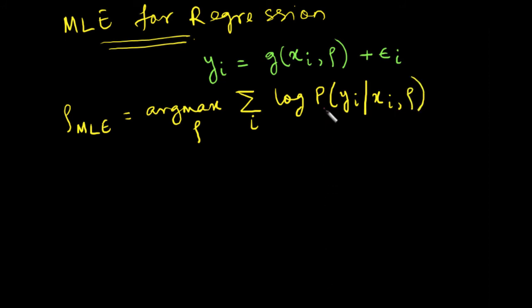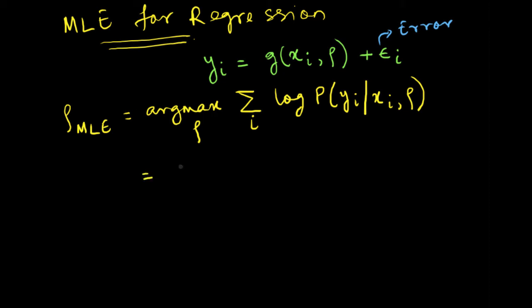Now where does this probability come in? Because given xi and given rho, this is a deterministic function. So obviously the probability has to come from epsilon i, which is the error term. So this probability of yi given xi and rho is nothing but the probability for the error.